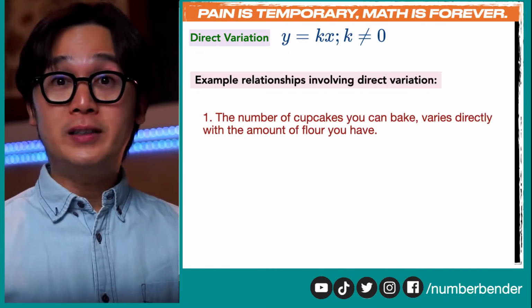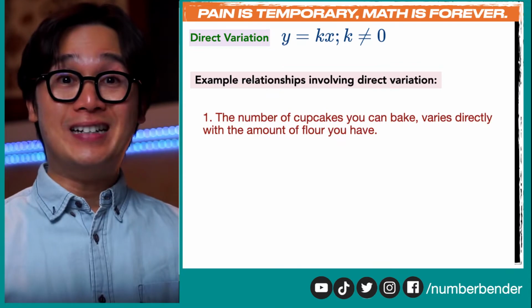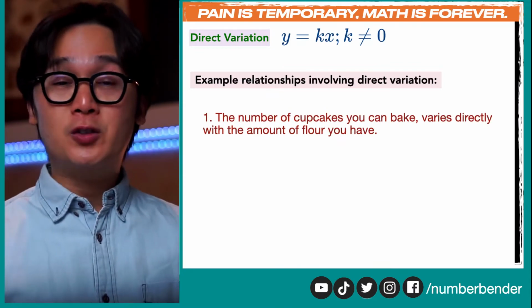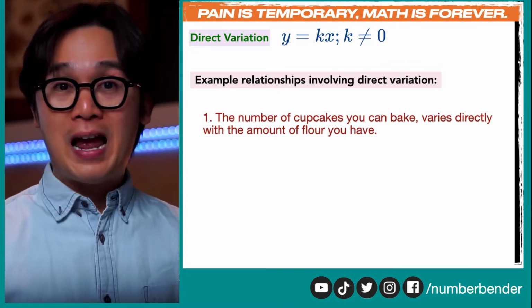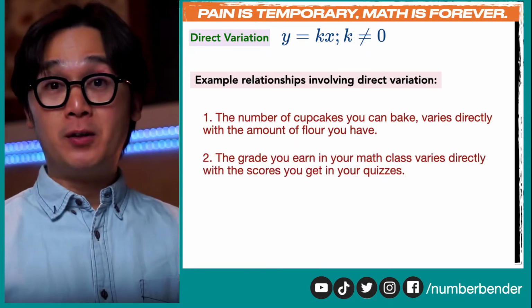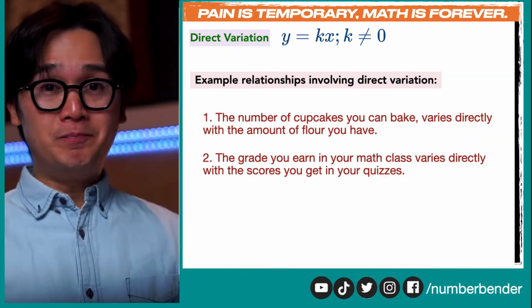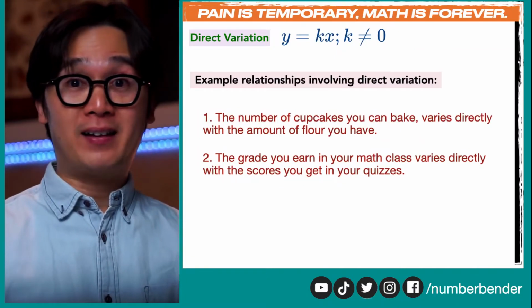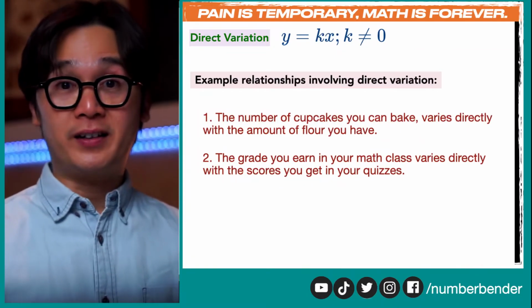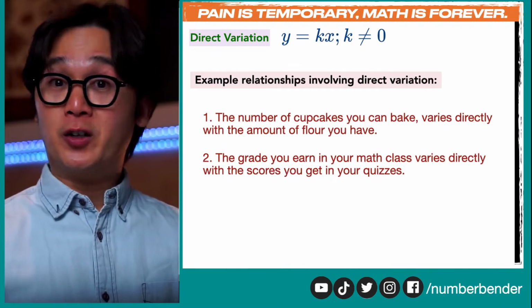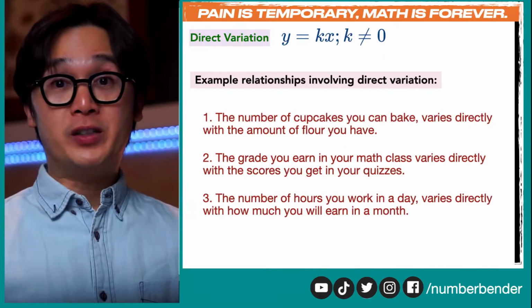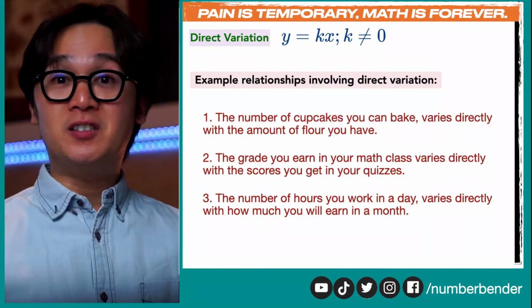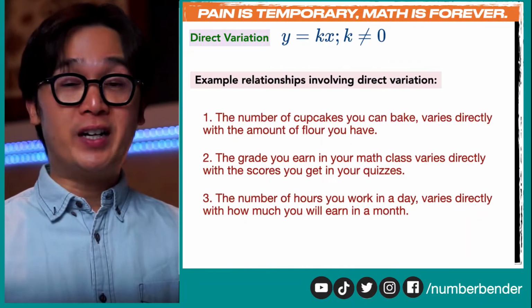That's why it's called direct variation, because there is a direct influence or impact on our output based on our input. Another example of this relationship is the grade you earn in your math class varies directly with the scores you get in your quizzes. And the number of hours you work in a day varies directly with how much you will earn in a month.